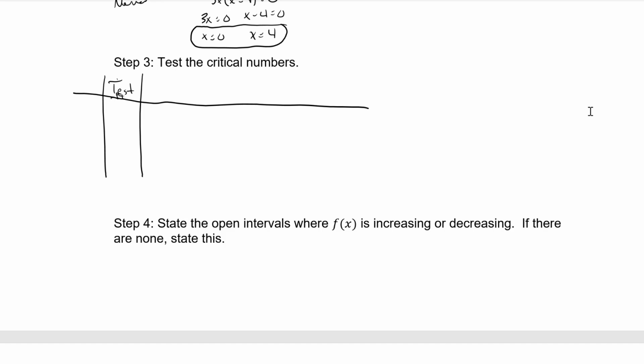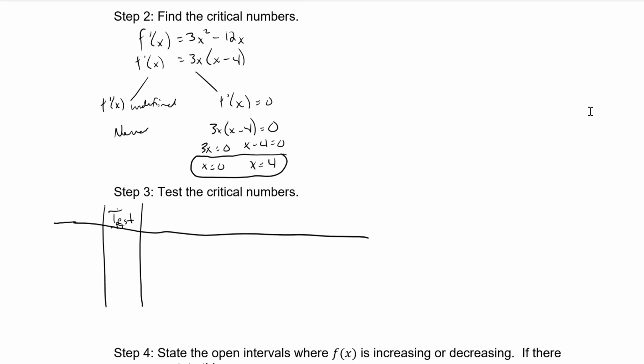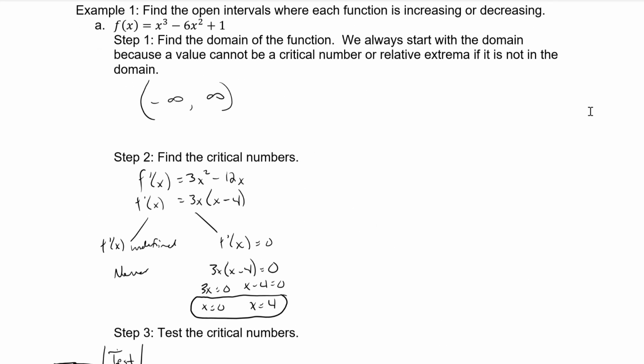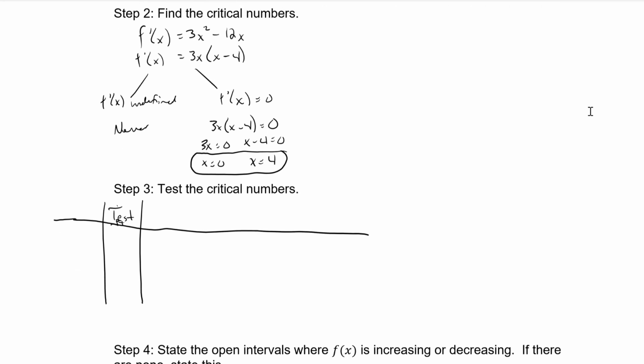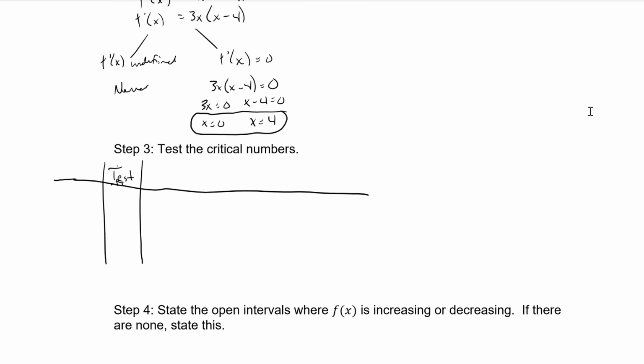So in this case, we use our domain as a starting point. Remember, our domain was negative infinity to infinity. And we're going to divide that domain up at our critical numbers. So if this is my domain, negative infinity to infinity, I'm going to split it up at x equaling 0 and x equaling 4.